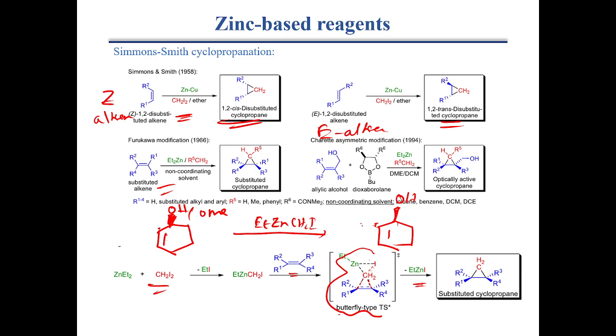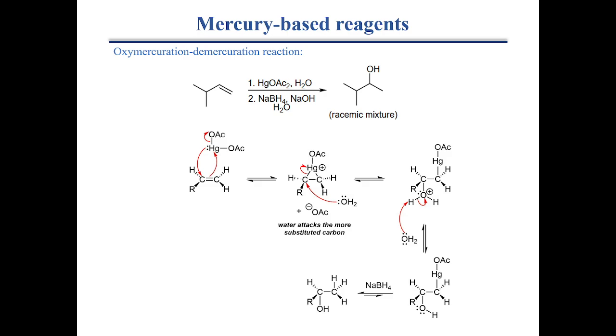The CH2 will also attack from the beta face because of zinc and oxygen coordination. Due to these reacting groups, here alcohol or OMe, the attack is from the same face. So it will give the beta cyclopropane product. If any kind of chelating group is there, the cyclopropane forms from the same face.